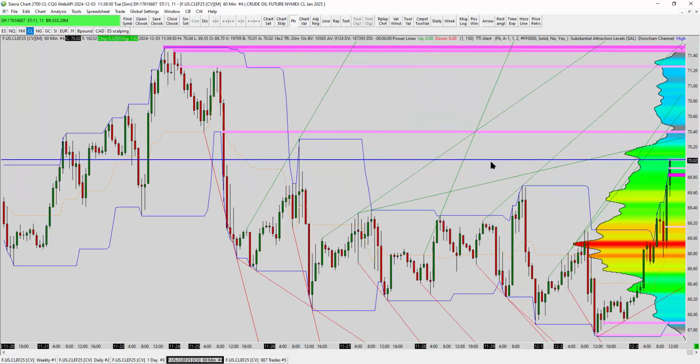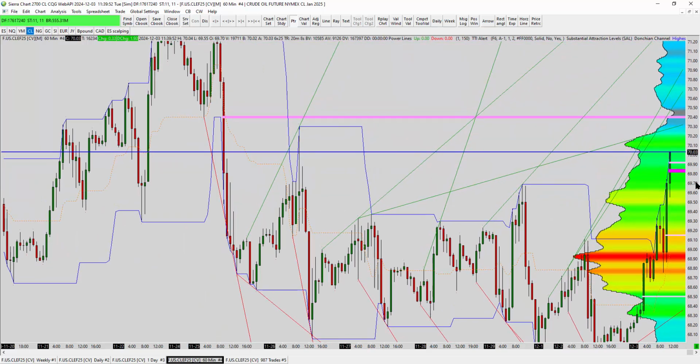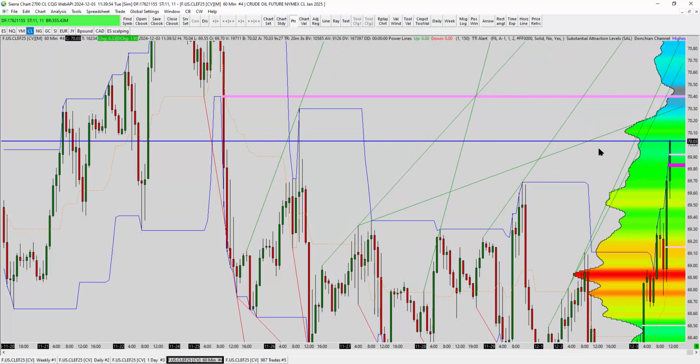Now see, now it showed up. Do you see the level showing up here? It showed up briefly, but right now the actual main embedded size, the biggest size, is here. And the SAL indicator showed up indicating some kind of rejection.